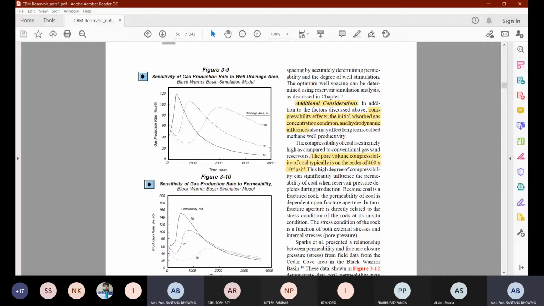When the water content is very high, obviously the relative permeability of the gas will be very much less. That's why when the water content is very less, the relative permeability of the gas becomes much higher, and so the peak production is a little bit higher in the smaller drainage area than in the higher drainage area.